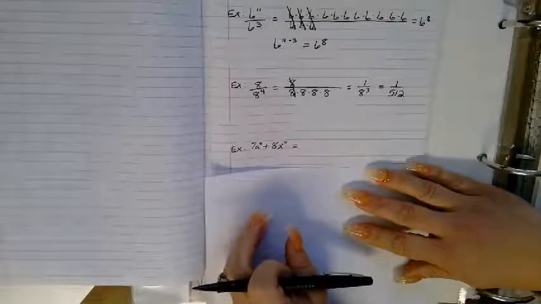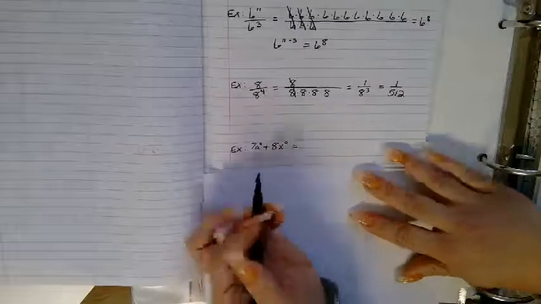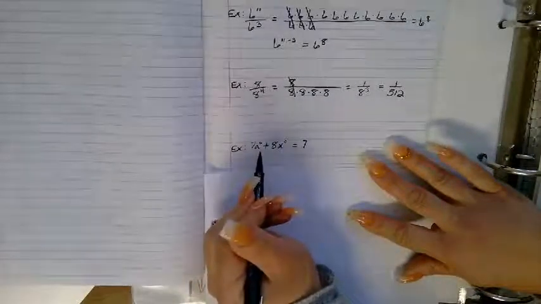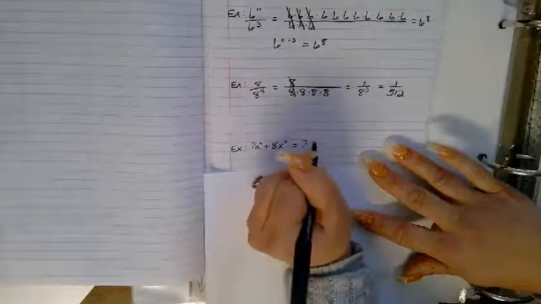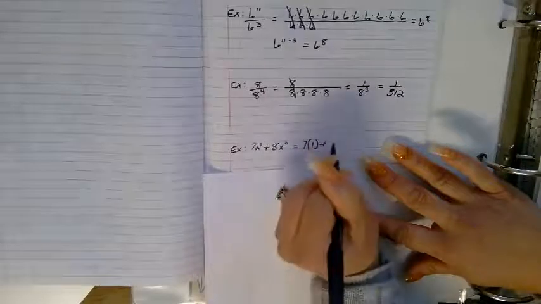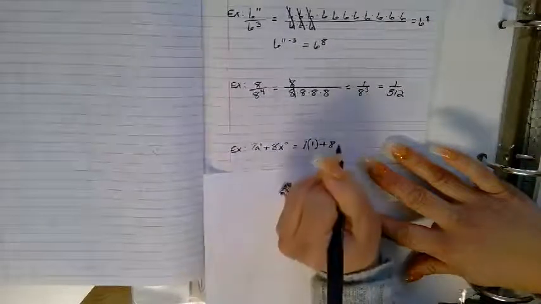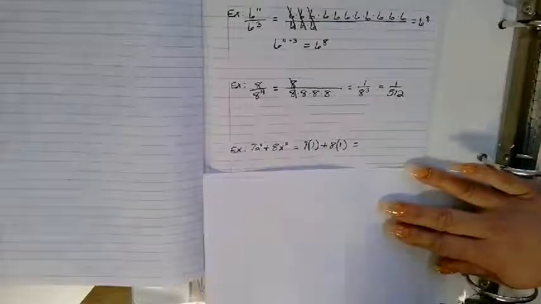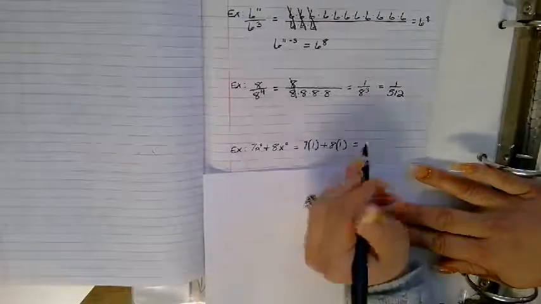We have our 7, and we know that a to the 0 is 1, right? So there's our 1. And then we have 8, and again, x to the 0, so that's a 1. 7 times 1 is 7, right? 8 times 1 is 8, so we're just going to add that up, and we should get 15.